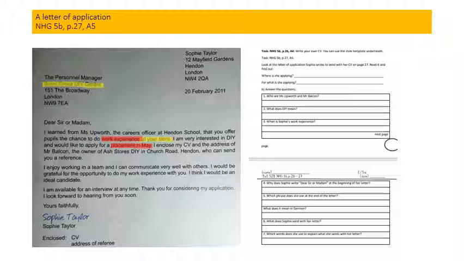Is a place of work experience, right? And a placement in May. Then here you have all those questions that you can answer from this letter, where you just have to read the letter as we just did and try to find the answers.